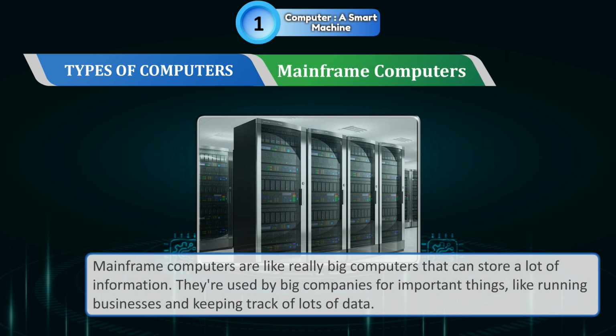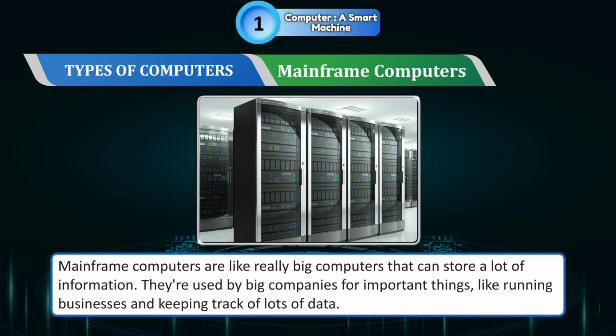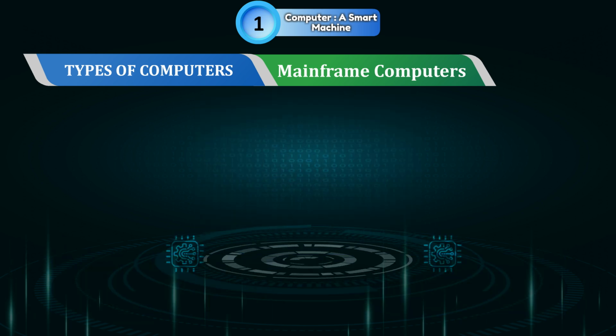Mainframe computers. Mainframe computers are like really big computers that can store a lot of information. They're used by big companies for important things like running businesses and keeping track of lots of data.